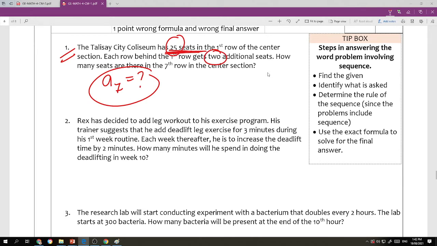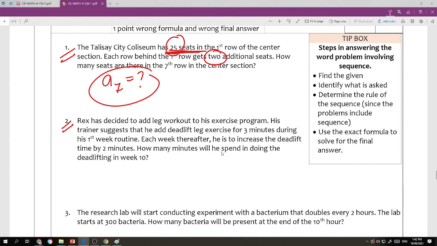Anitas problem number 2. Rex has decided to add leg workout to his exercise program. In his training suggests that he add deadlift leg exercise for 3 minutes during his first week. So, unsa man ni ang 3 minutes?